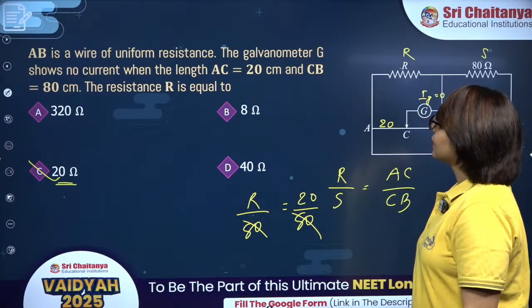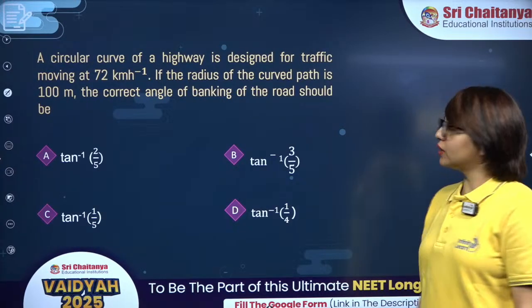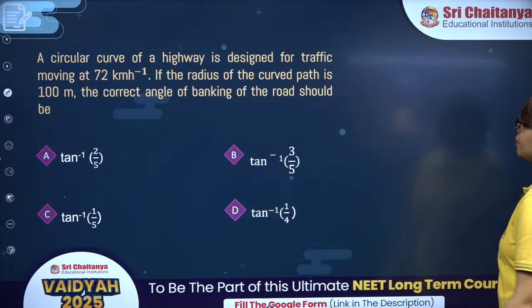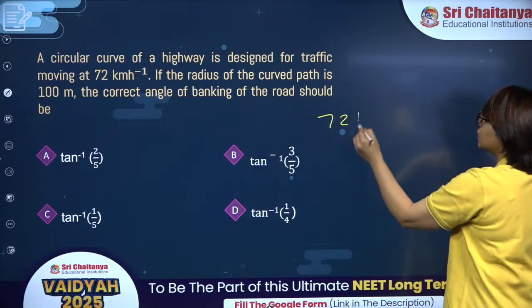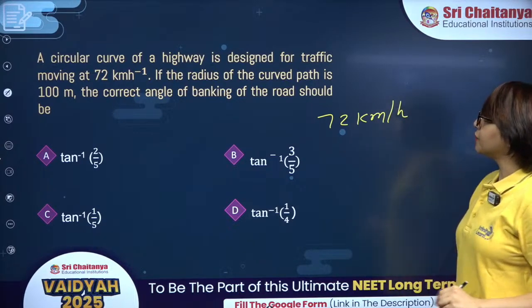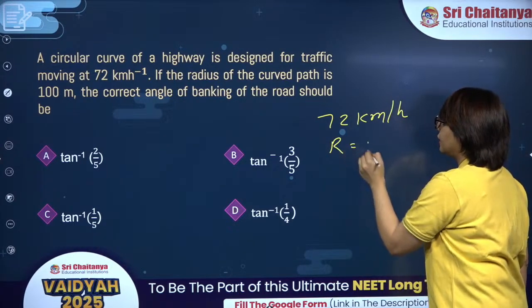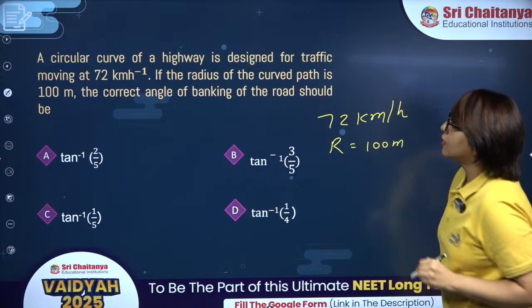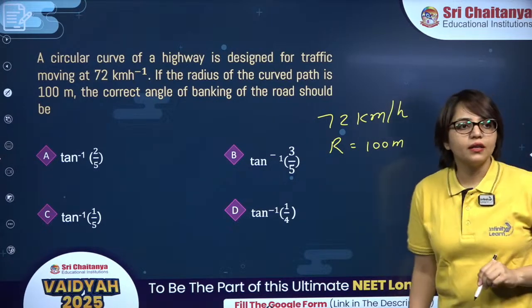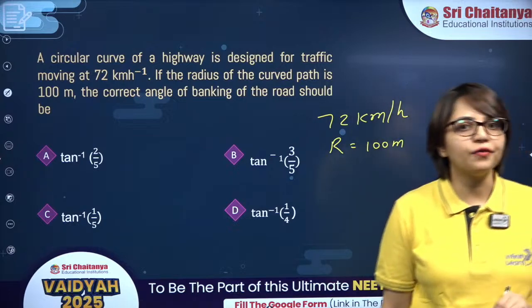Next is this one. A circular curve of a highway is designed for traffic moving at 72 km/h. If the radius of the curved path is 100 meter, the correct angle of banking of the road should be, you have to find the correct angle of banking.